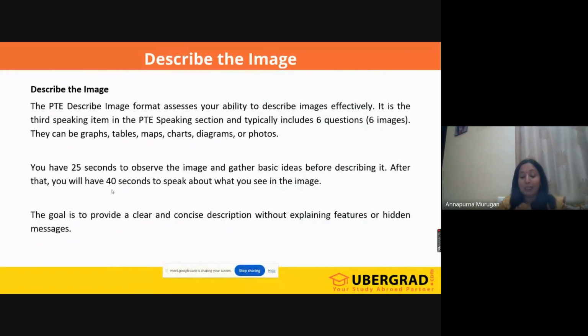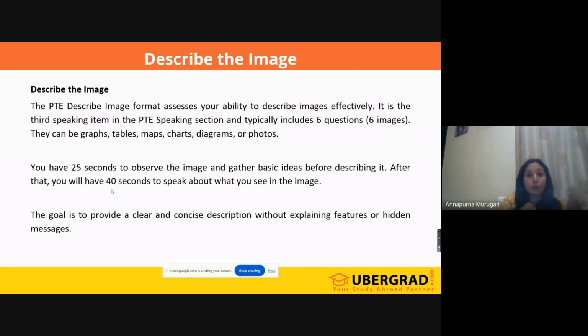That means you need to be quick in your response. Not only quick in your response, you need to grab the ideas quickly, and you need to be mindful so that what you present gives the complete information. Also you need to be thorough with compound and complex sentences. Why?